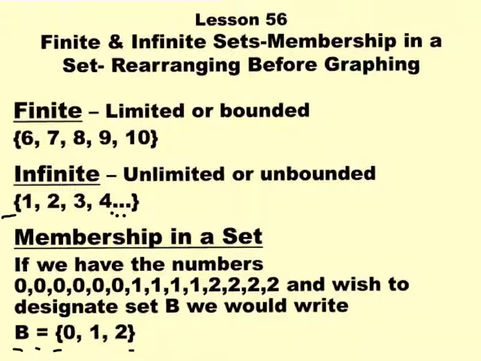So we've got 0 in there, we've got 1 in there, and we've got 2. Doesn't matter how many times those numbers occur, they are still part of that finite set.